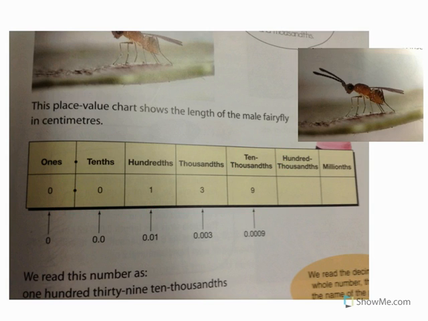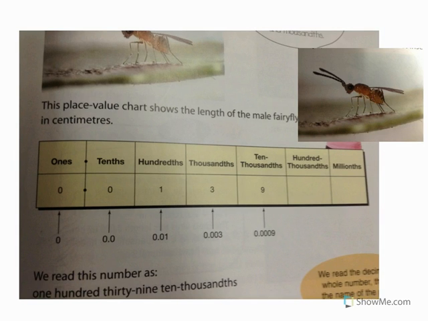We have 1 hundredth, which actually looks like this, 3 thousandths, and 9 ten thousandths.